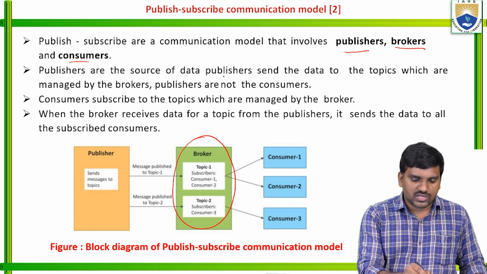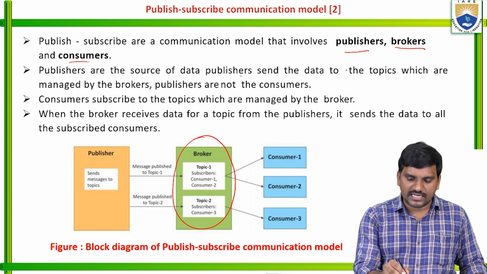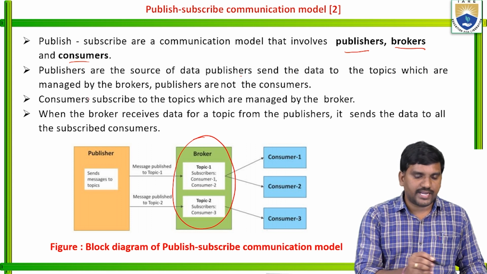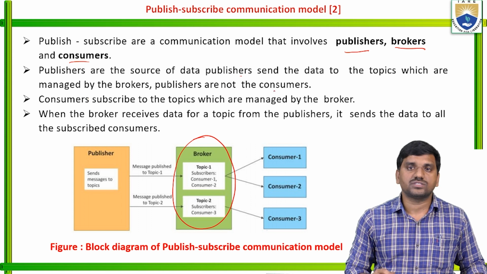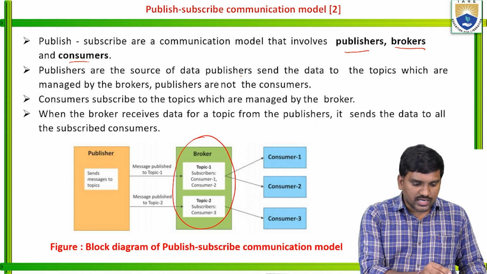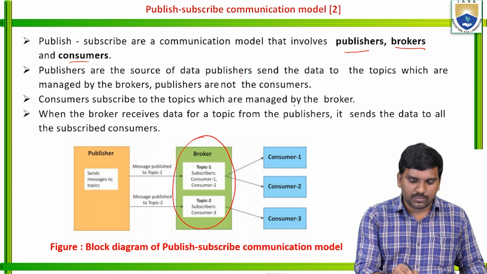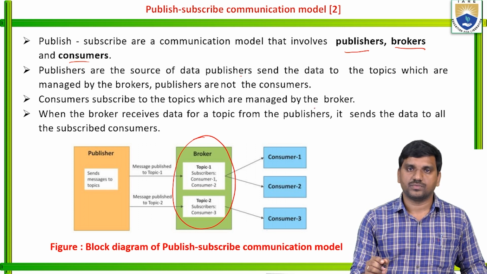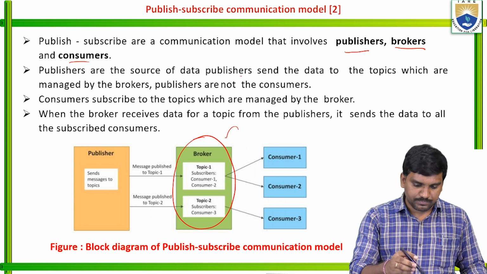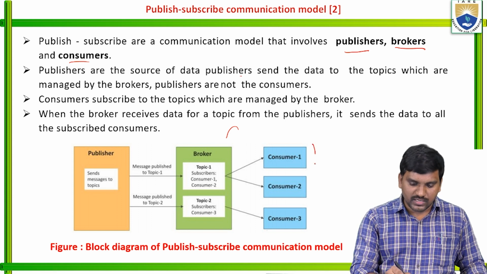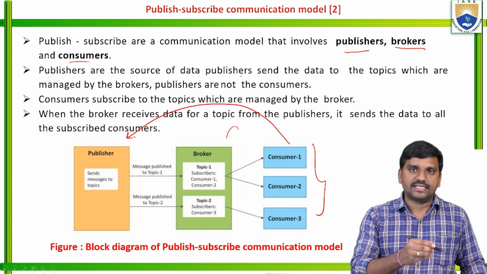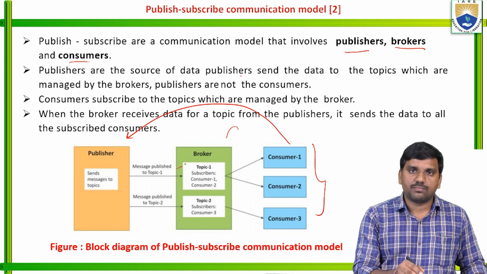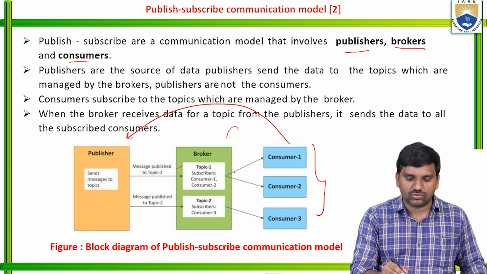Publishers are the source of data. Publishers send the data to the topics which are managed by the brokers. Publishers do not send to the consumer. The consumers subscribe to the topics which are managed by the broker only. So it is the intermediate way. The consumers do not directly contact the publisher. First, the publisher sends the data to the broker, and the broker distributes the data to the consumers.